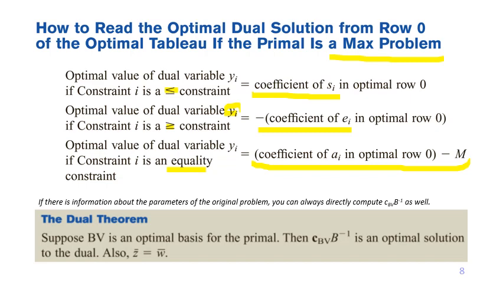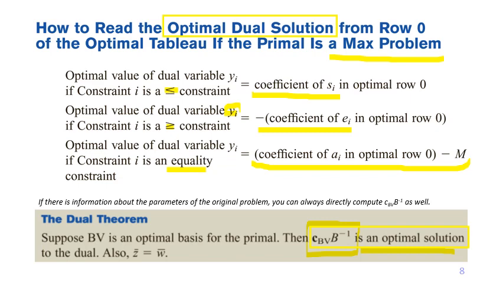And then remember, if you have the information of the parameters of the original problem, you can always directly compute CBVB inverse without solving the entire table. So you may just compute CBVB inverse to obtain the dual optimal solution.